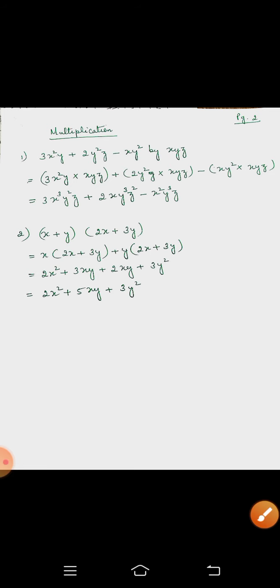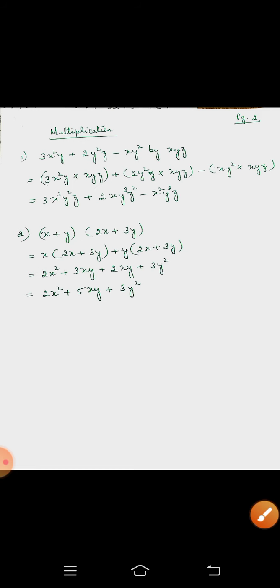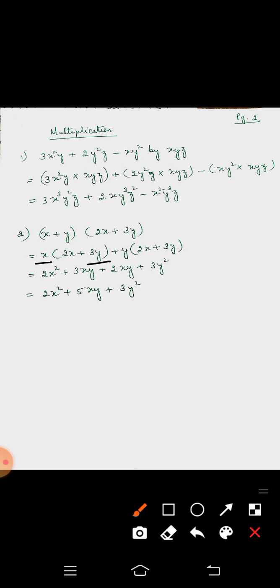this sum. Now you have here x into 2x becomes 2, and here x to the power 1, here also you have x to the power 1, therefore x square. Alright, and here you have again x and 3y need to be multiplied. Okay, 3xy.